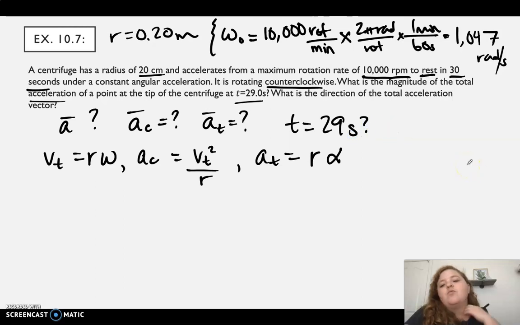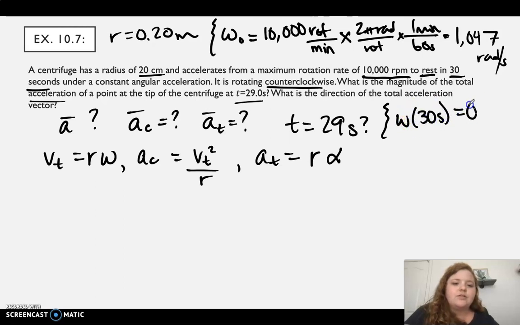We do know that it comes to rest after 30 seconds. Okay, so I could say omega at 30 seconds is equal to 0 radians per second.